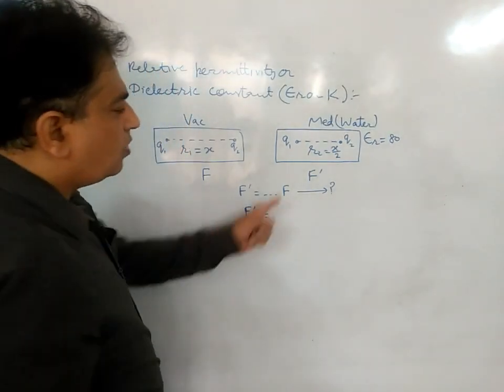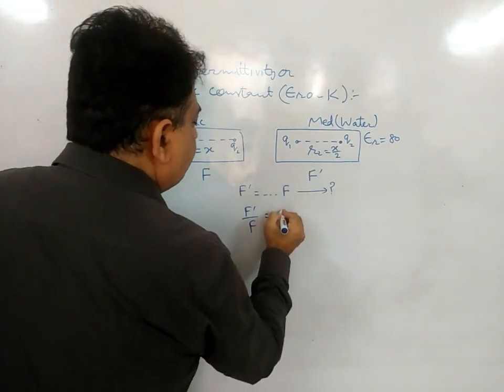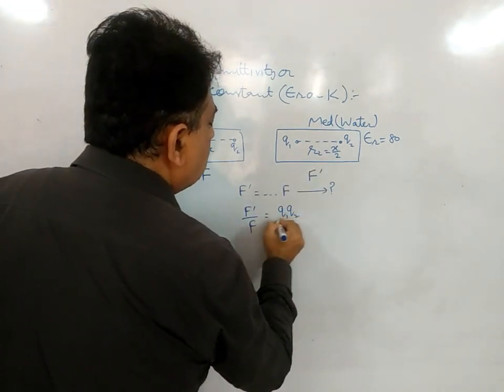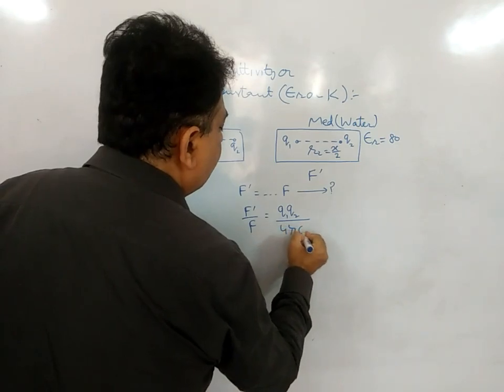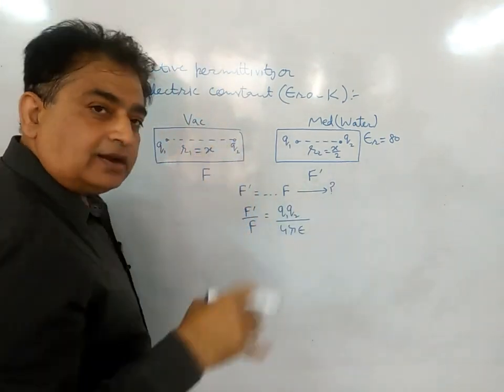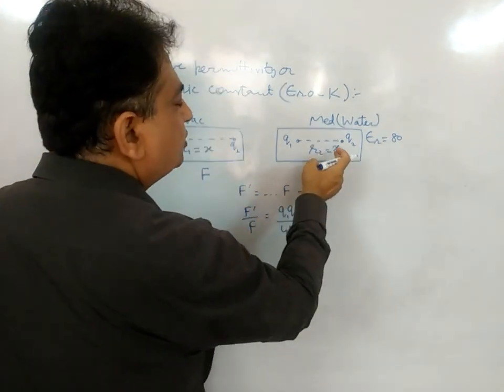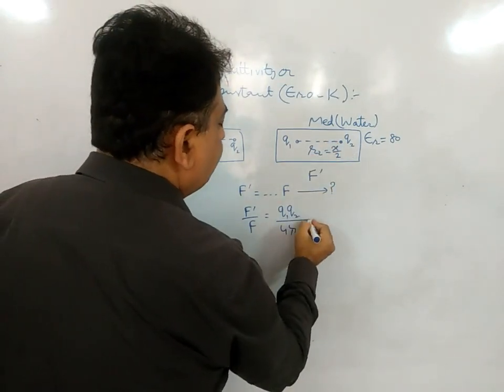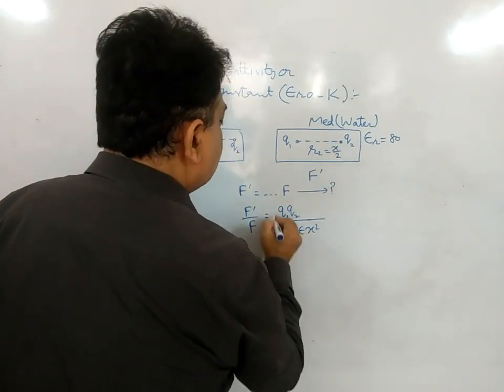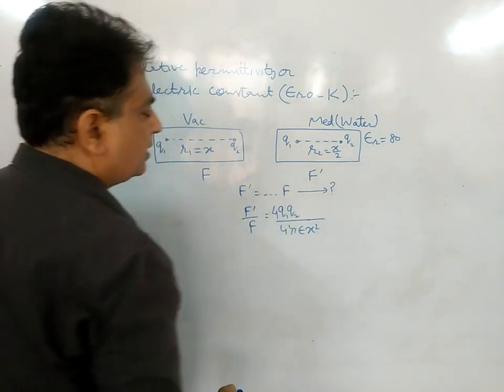This is equal to, now F dash, from here, it is q1 q2 divided by 4 pi epsilon r square. R is equal to r2, which is further equal to x by 2, and its whole square will give you x square by 4.